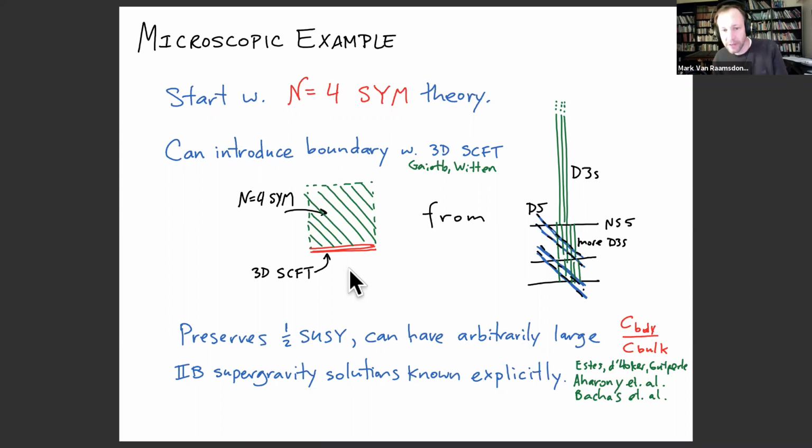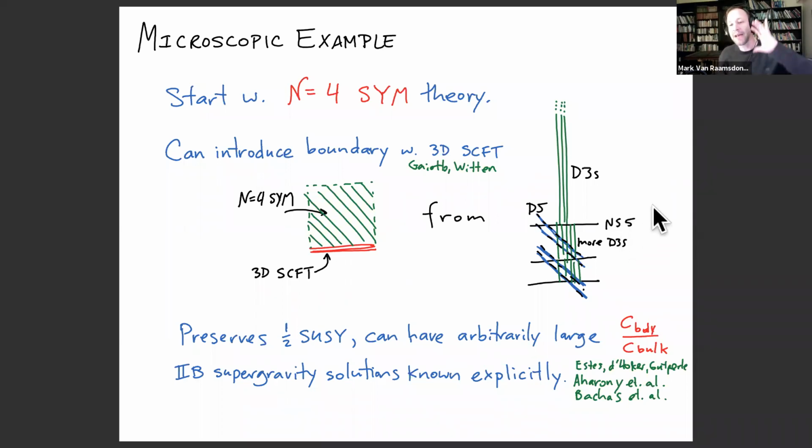So for now, let's just focus on one boundary. Let me tell you about these special three-dimensional superconformal field theories that you can couple to N=4 super Yang-Mills while preserving half of the supersymmetry. And these come from certain brane constructions in string theory. The N=4 theory is the low energy physics of D3 branes in string theory.